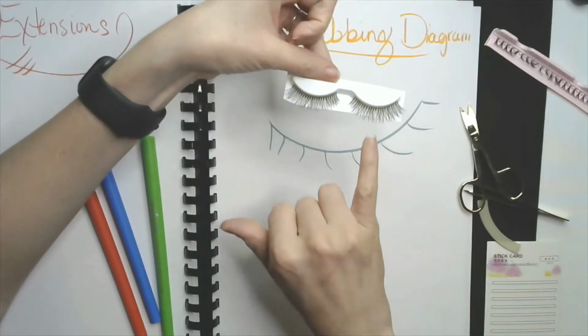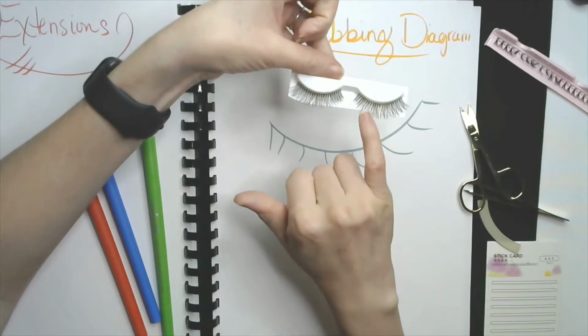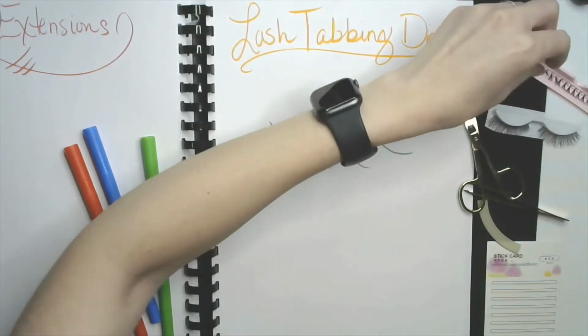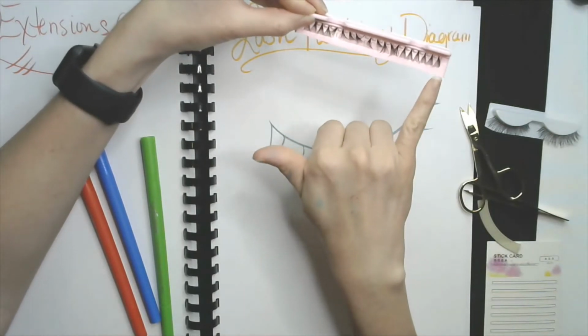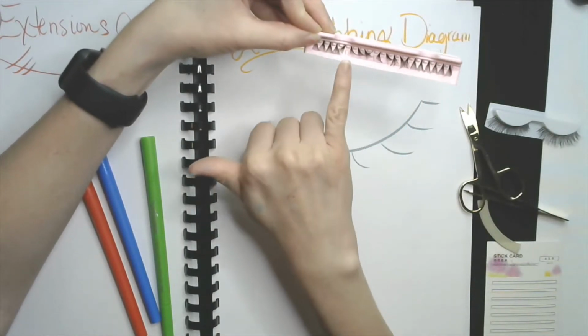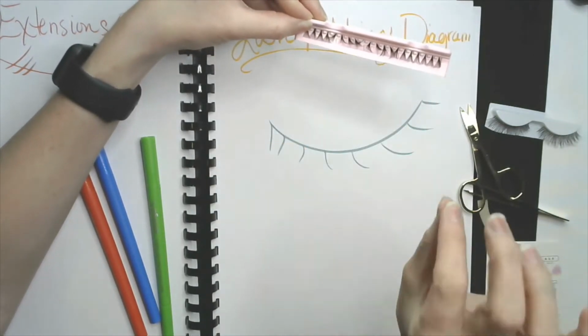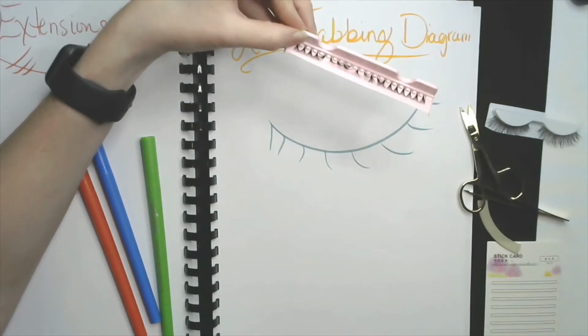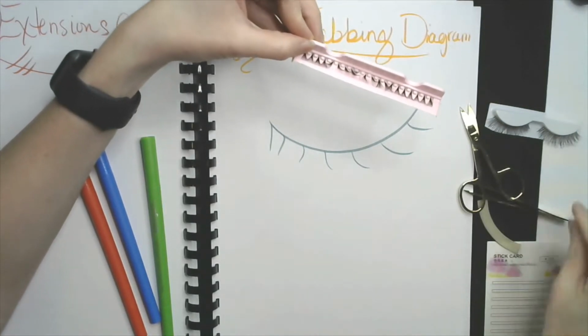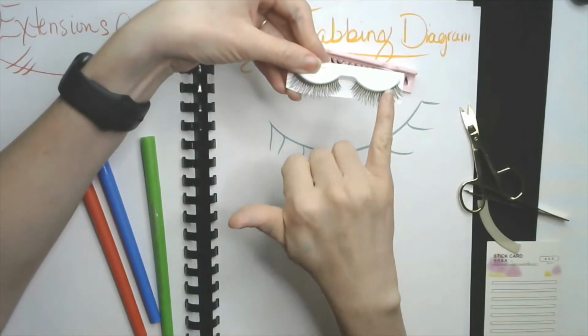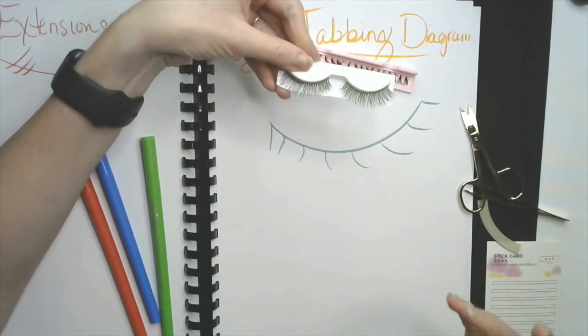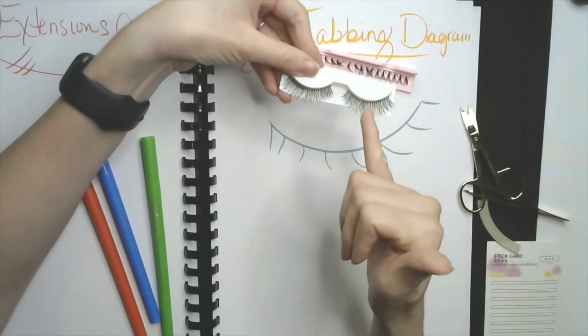Some clients have gaps or some lashes missing on their actual lash line, and you can have these lash tabbings placed in those empty spots to fill in the emptiness of their lash. Not necessarily to create length or any drama in their lashes, but just to fill.